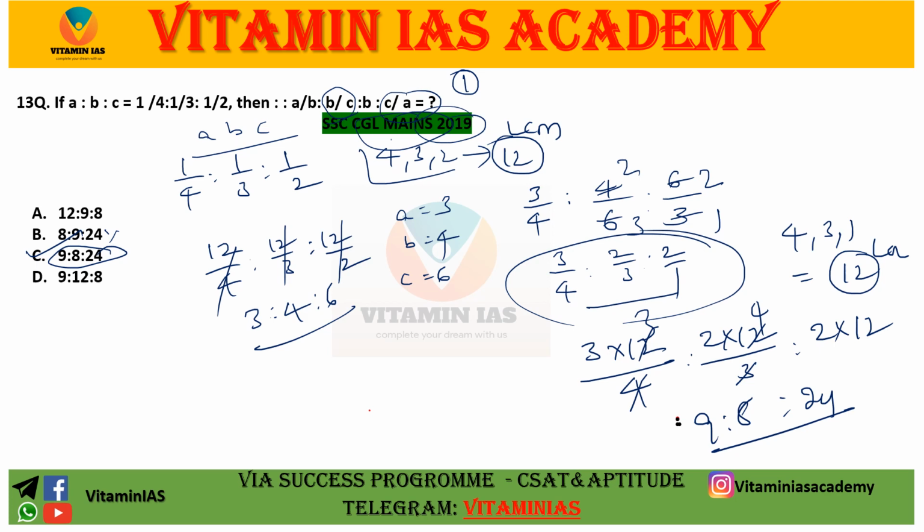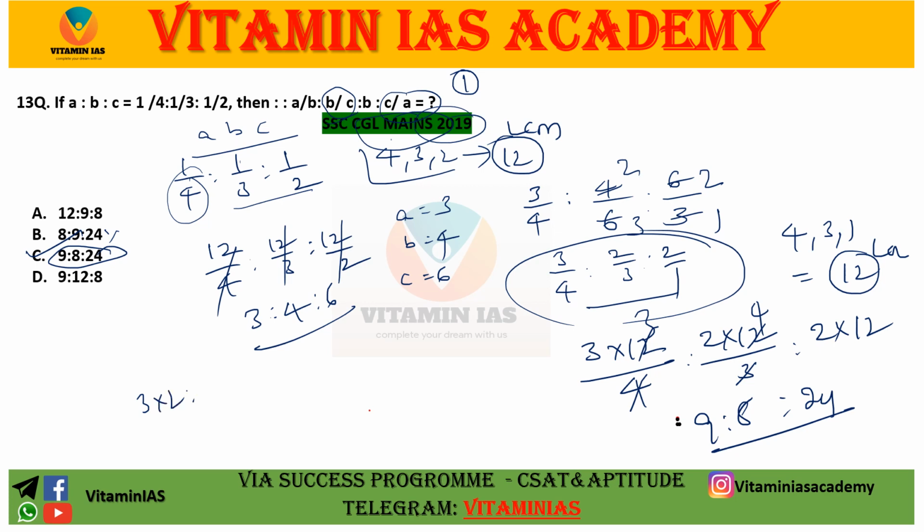So another method to solve this: A is to B is to C means you have to ignore the A value to get the A value, and ignore the B value to get the B value. Remaining values multiply, then it will be the same. Means if you want A, just ignore A, means 3 into 2.